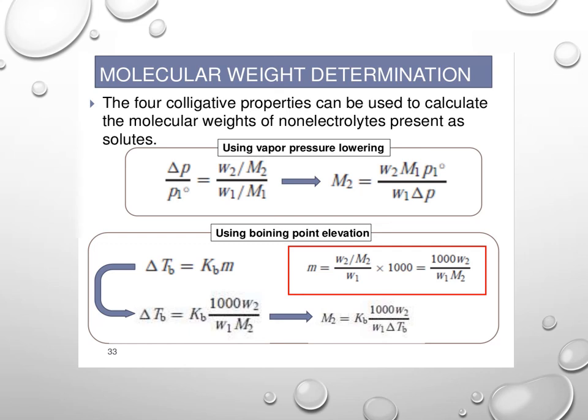Similarly, molecular weight determination can be done by using any of the four colligative properties that we have seen. Using vapor pressure lowering, M2 is equal to W2 upon W1, M1 into P1 naught, that is the vapor pressure of pure solvent, upon delta P. Using boiling point elevation, we can find out molar mass by Kb into 1000 into W2 upon W1 into delta Tb.